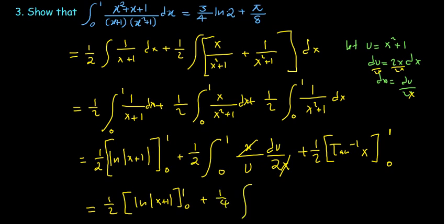And then we remain with the integral of 1 over u, du. This is all we're going to remain with, limits 1 and 0. Now the integral of 1 over u will just be natural log of u.